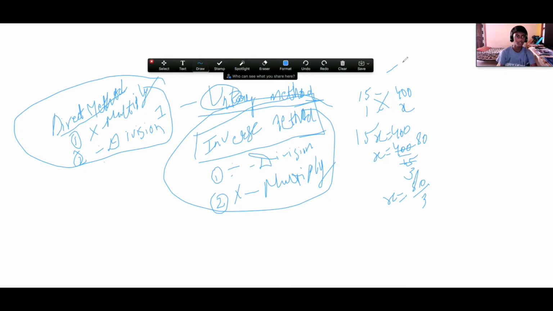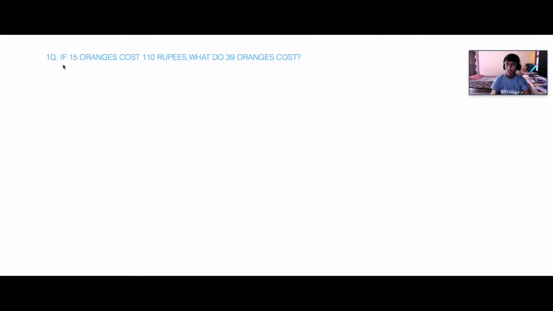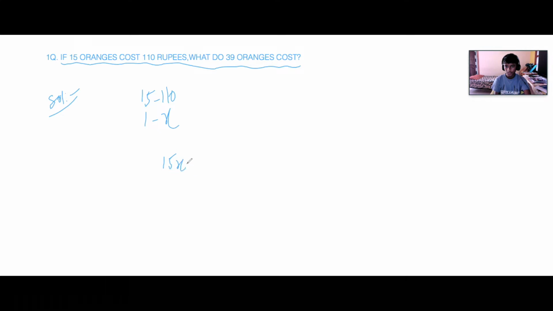Now from the R.S. Agrawal book I'll explain some 5 problems, friends. Let's solve the first problem. If 15 oranges cost 110 rupees, what do 39 oranges cost? Solution: 15 oranges cost 110 rupees. Now what is the cost of one orange? Let it be x.